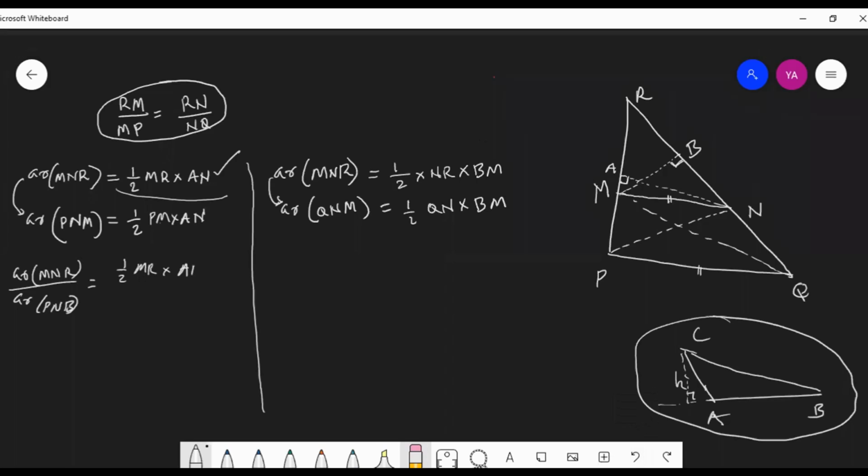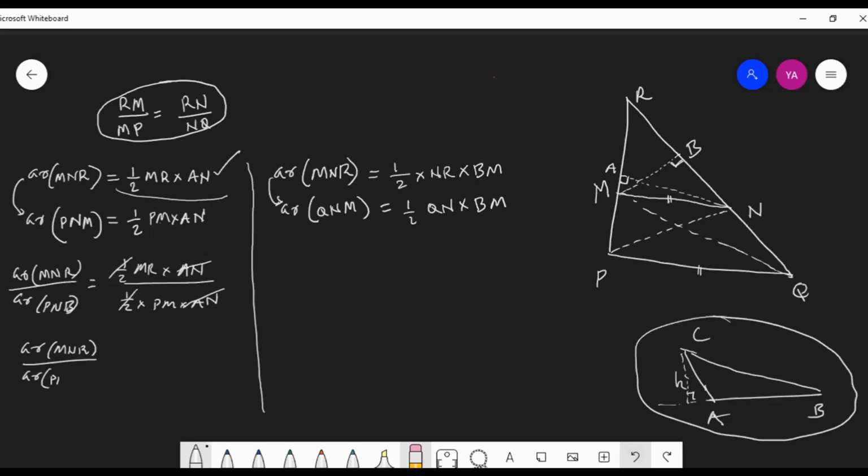In the denominator we can write half into PM into AN. Some terms will be cancelled, right? AN will be cancelled and half will be cancelled. What's the balance? Area of triangle MNR divided by area of triangle PNM. What is the balance?